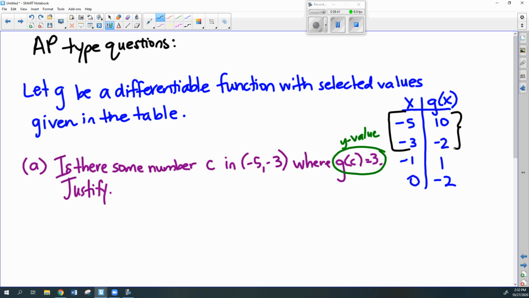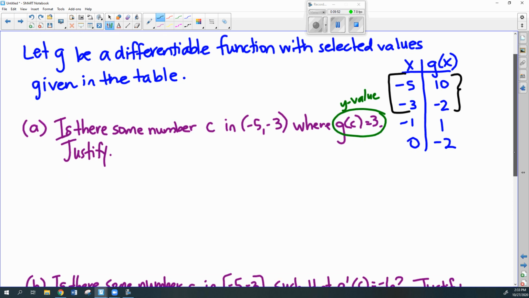And so how do we know that the intermediate value theorem applies? If you go back, we said that if the function is continuous and k is between f of a and f of b, then there will be a place, a c value, where f of c equals that k value.